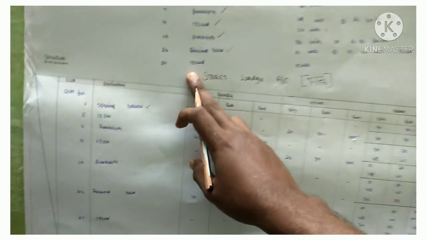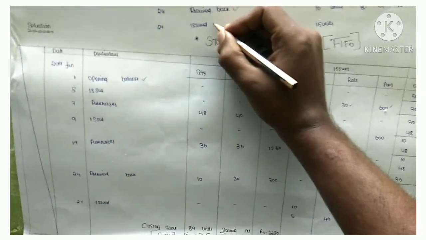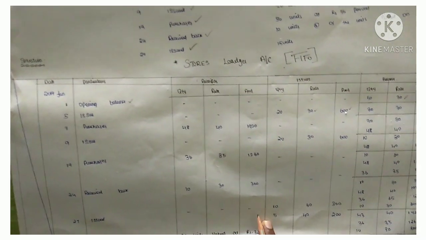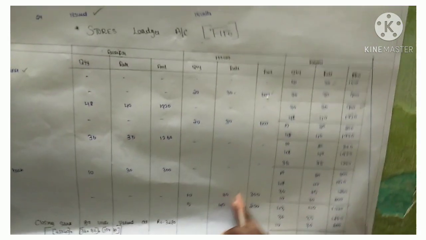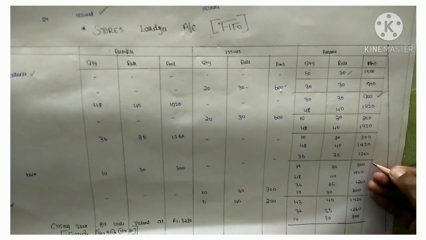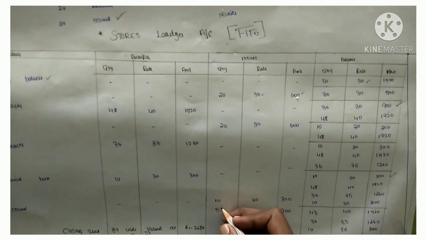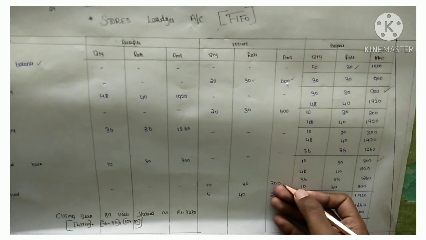And the last and final transaction is Jan 27, issued 15 units. In the balance column, they issue the first 10 units at the rate of 30 rupees. 10 into 30 is equal to 300.